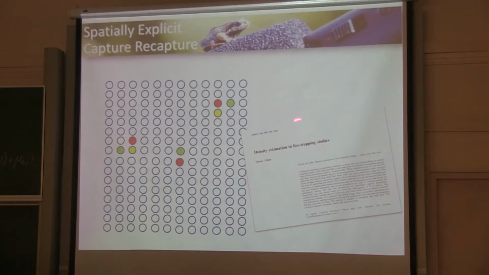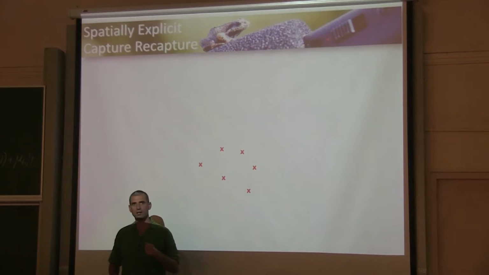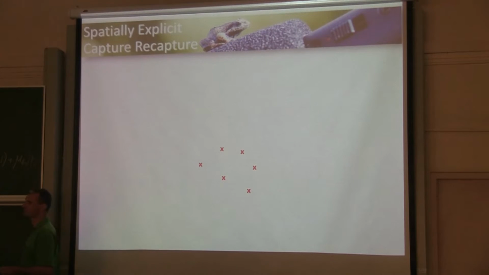So as I say, this was started in a paper by Murray Efford and has now become the mainstay of many ecologists, and in particular, people are using camera traps.